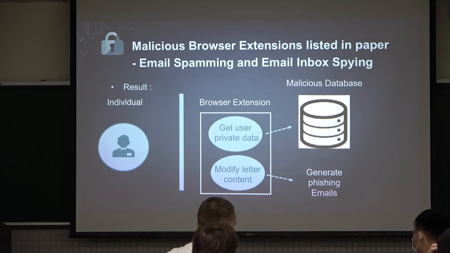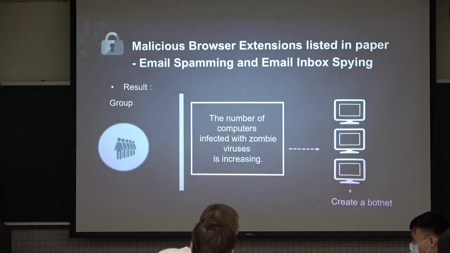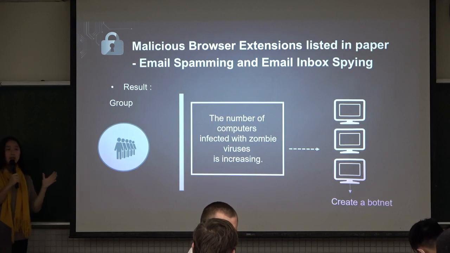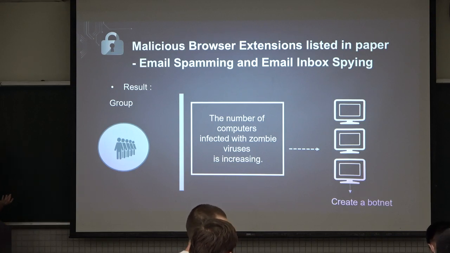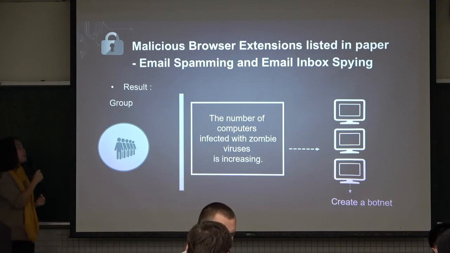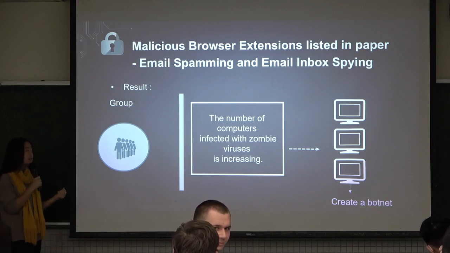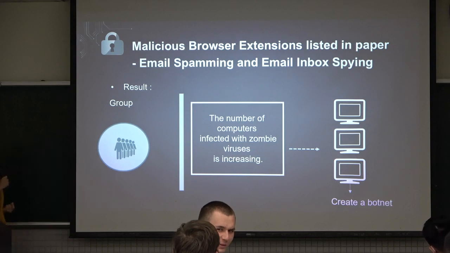So, in the end, when the user clicks on the malicious link, their computer will be infected by the zombie virus. So when the number of computers infected with the zombie virus is increasing, the hacker can create a botnet and they can launch a DDoS attack.